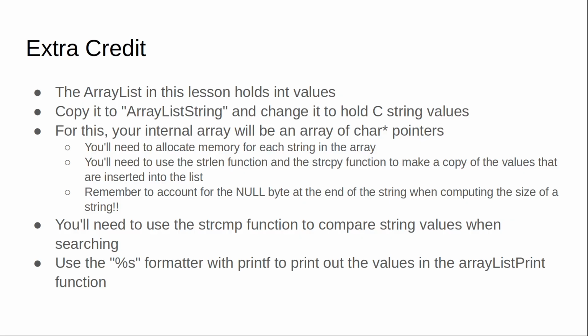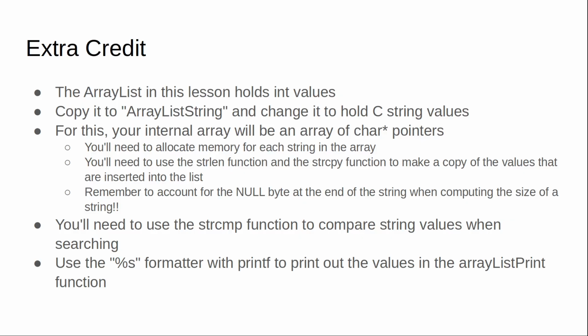Remember that you're going to need to use the string length and string copy functions to make a copy of the values that are inserted to the list. And don't forget to account for the terminating null byte at the end of each string when you go to allocate memory for each of the strings that you're going to wind up copying into. Okay.